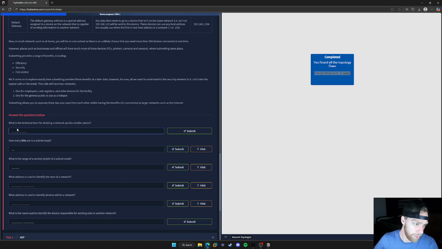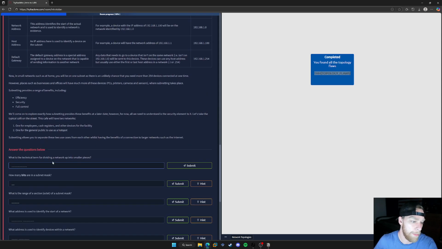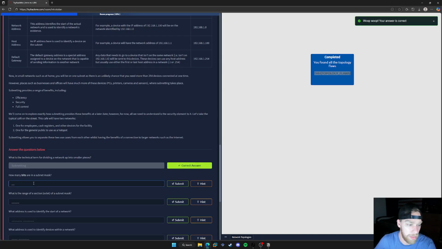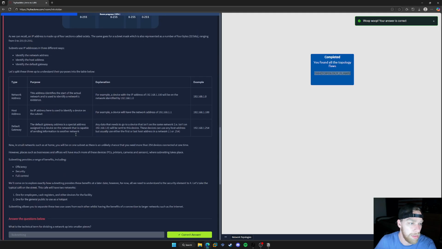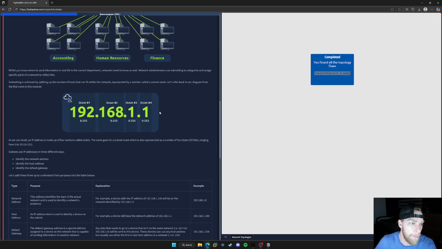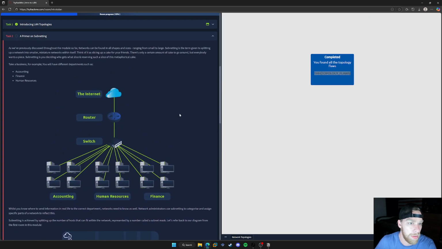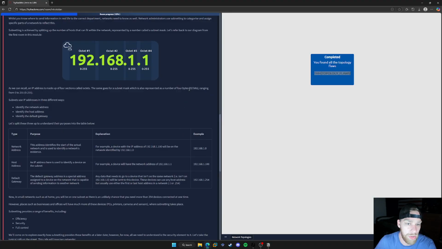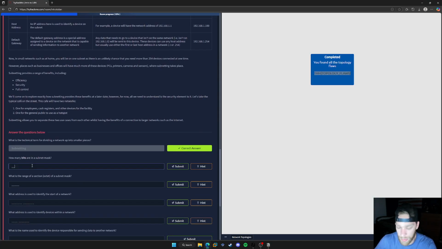But to just follow this, what is a technical term for dividing a network up into smaller pieces? So just going to be subnetting. How many bits are in a subnet mask? I believe it is 16 or 32. I'm going to say 32 because I see it right here.